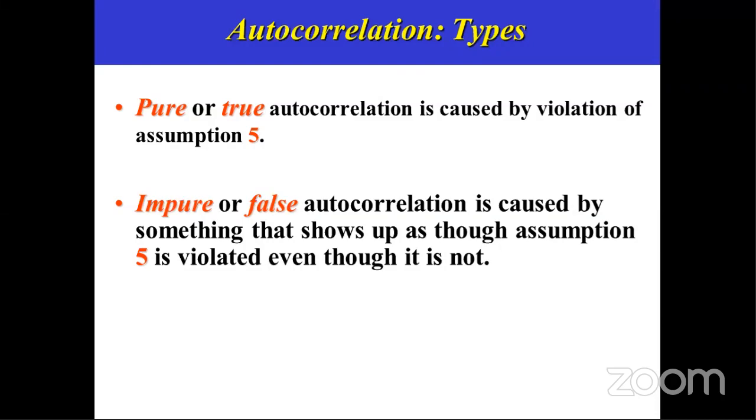In other words, actually there is no autocorrelation problem in our regression model, but the results show you that there is a problem of autocorrelation. Hence it is a false or impure autocorrelation. So this is the first classification, or the first type, of autocorrelation.